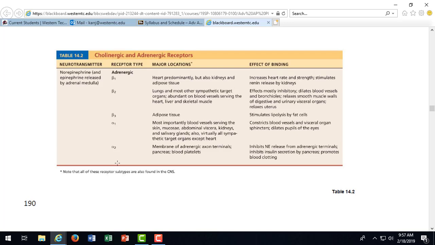There's just one name for all of the receptors. What did we say in the previous table? All the receptors that have parasympathetic effects? Muscarinic.